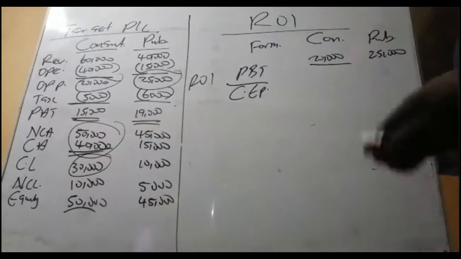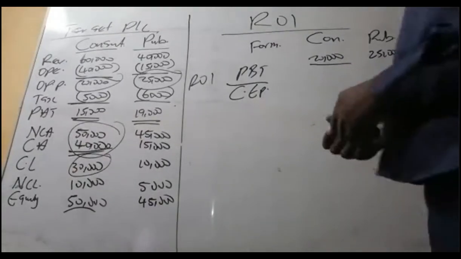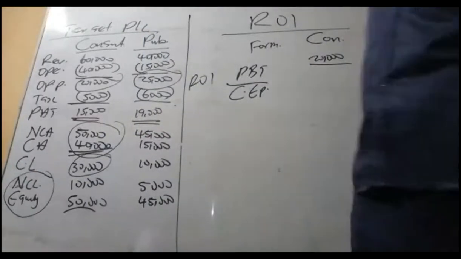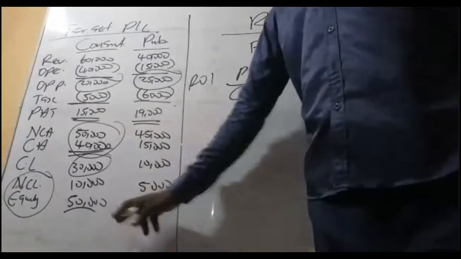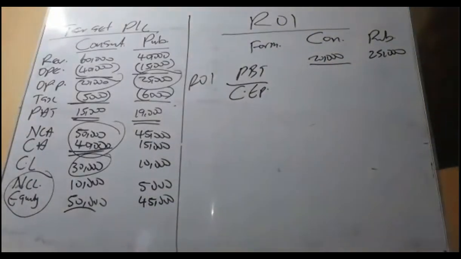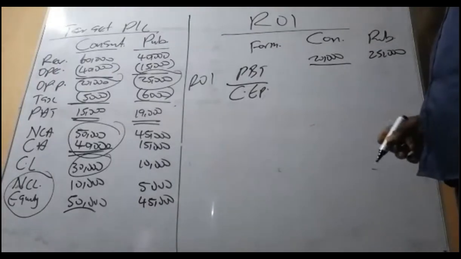So 90 minus 30 gives the capital employed. Or equity plus non-current liability also gives capital employed, which is also 60. Whichever way you go, you get 60. So the capital employed here is 60.